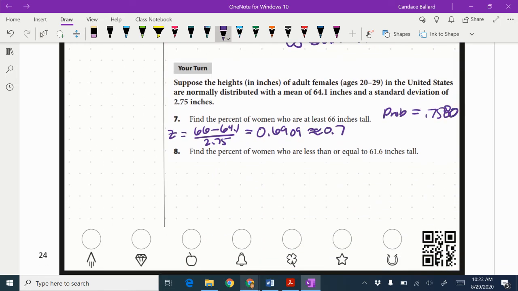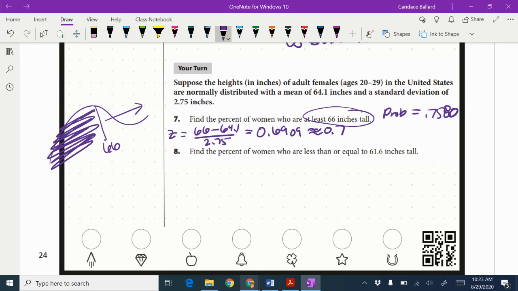All right, so the catch here is that this is the people who are at least 66 inches tall. So if I'm looking at the normal curve and my 66 is here, at least would go this way. But what we know about this table is it only gives us the information to the left of the number, not to the right of the number. So to get the actual probability, I need to do 1 minus this value.